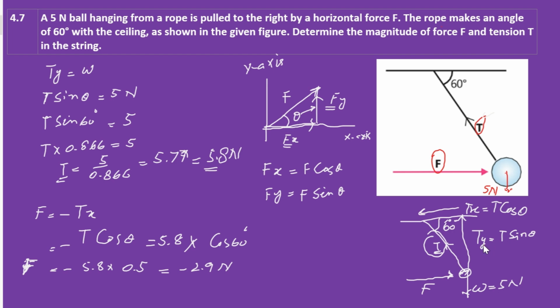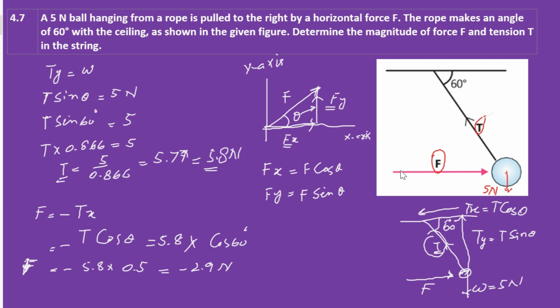So Ty or T sin theta will be equal to the weight of the object. Ty is equal to T sin theta, theta is 60 degrees and weight is 5 Newton. Sine 60 is 0.866, equal to 5, and dividing 5 by 0.866, we get tension as 5.8 Newton.